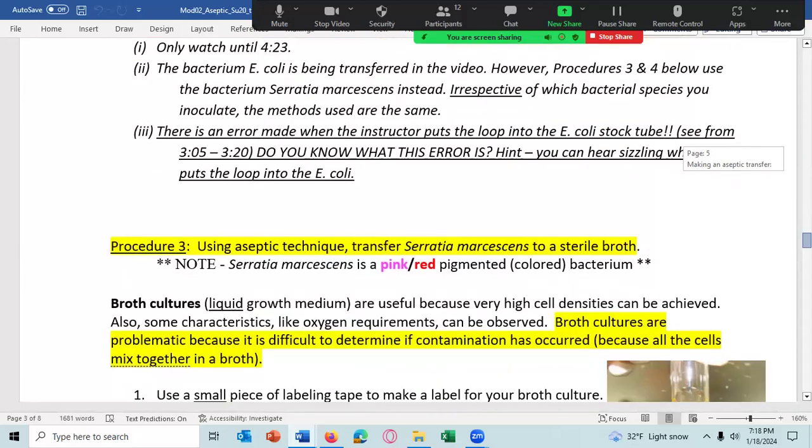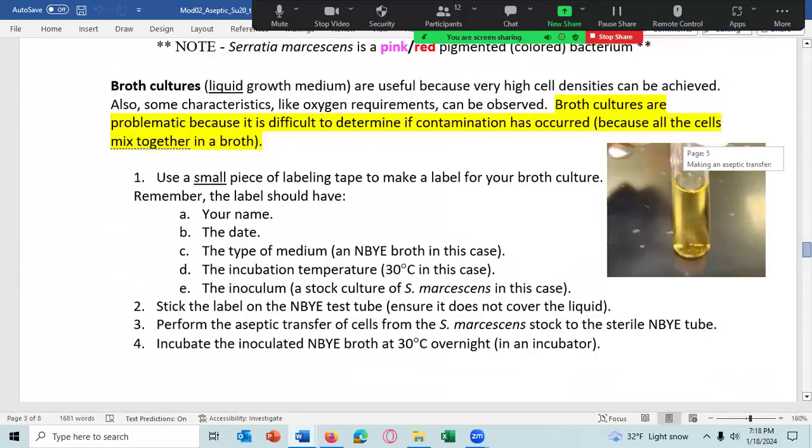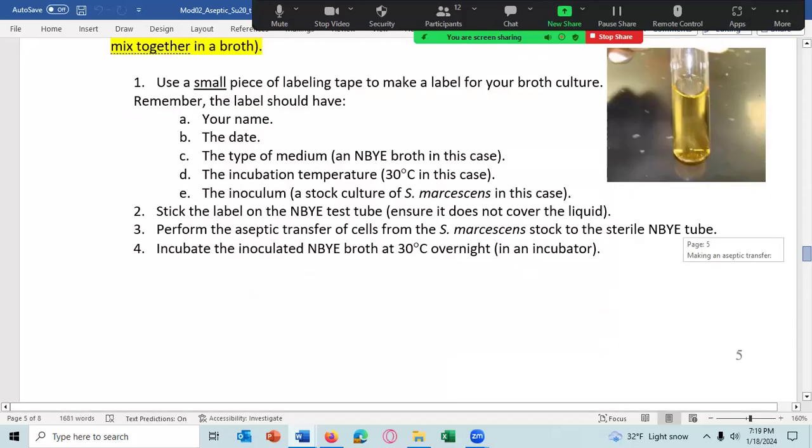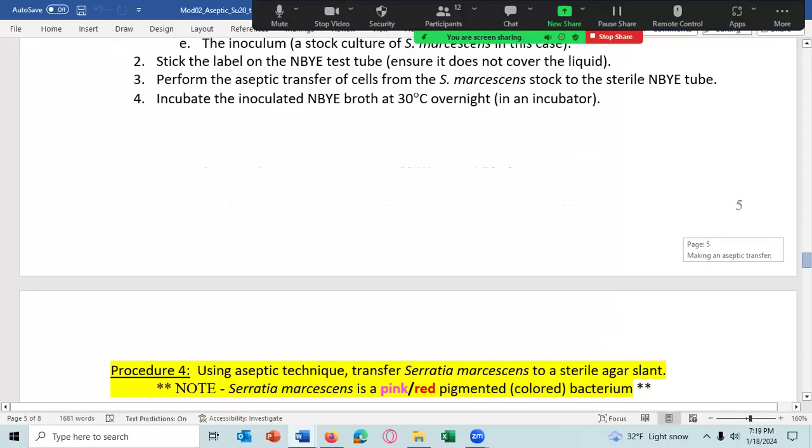All right, let's go down to procedure 1. Here's the tube of media we're going to inoculate. You should look at the tube and determine whether it is cloudy or translucent or transparent. If it's cloudy, it has growth in it.